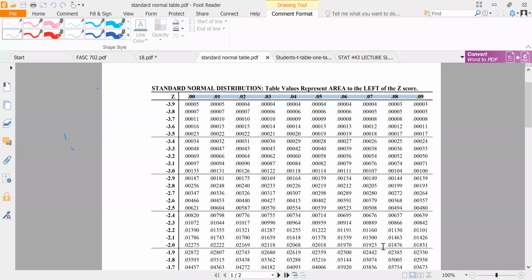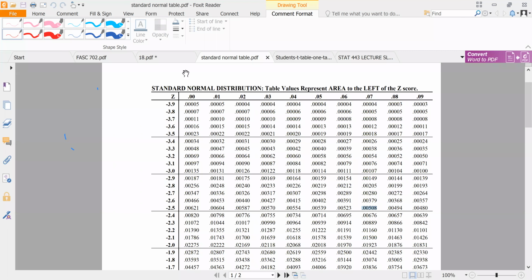So for this quantity here, the Z value is minus 2.57. Whatever is on the first row is the second decimal for the Z value.